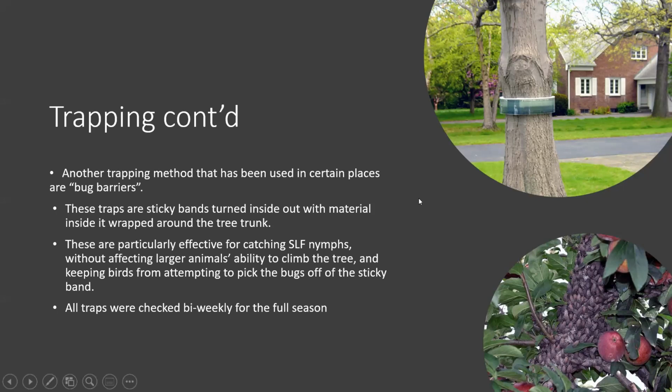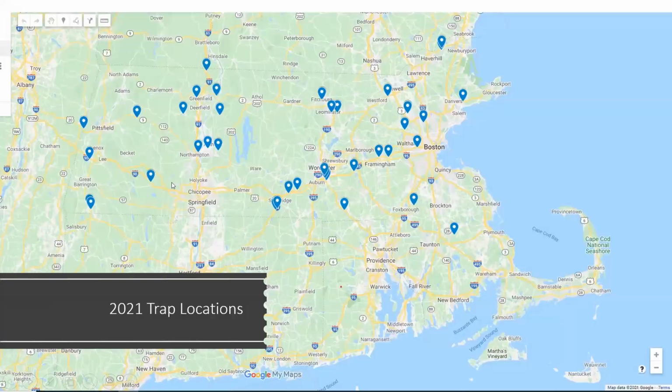So all of these traps, both the circle and the bug barrier, are trapped bi-weekly for our full season, which for us is May to just about now. We actually just took down our traps last week. So these were our trapping locations for this year. As you can see, there's a good spread across the whole state.